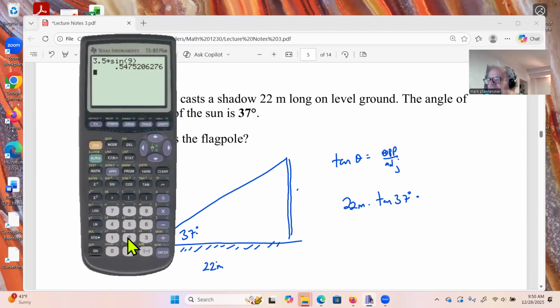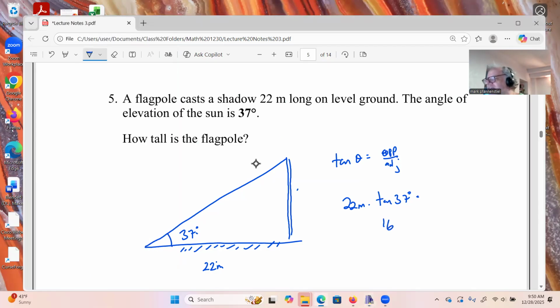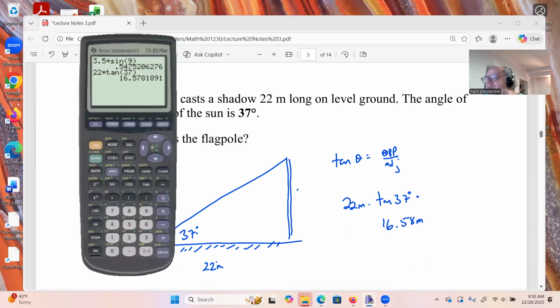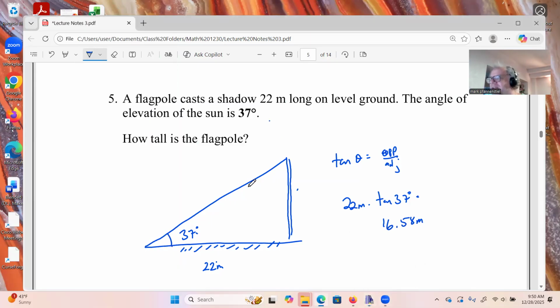So we have 22 times tangent of 37 degrees. Again, make sure you're in the right mode because radian mode is going to be different. Word problems are usually given to you in degrees. That's going to be 16.57, we'll call it 16.58 meters. That's the height of our flagpole there.